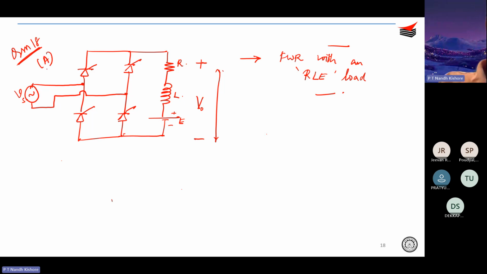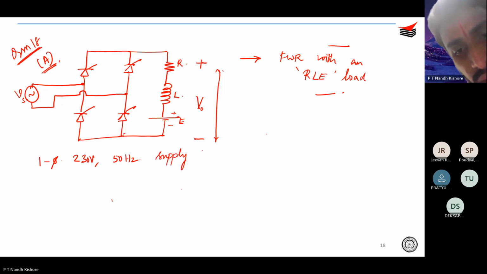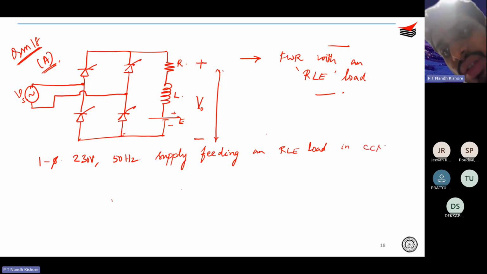This question has two parts. This is part A. You have a single phase 230 volt, 50 hertz supply feeding an RLE load in CCM, continuous conduction mode.